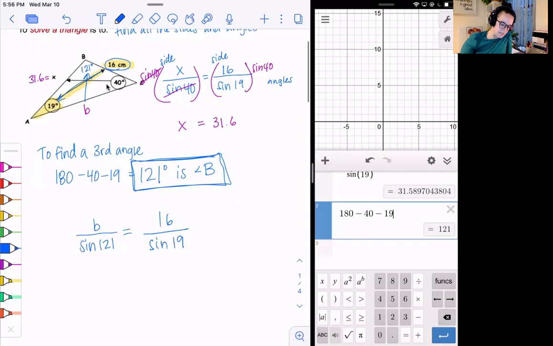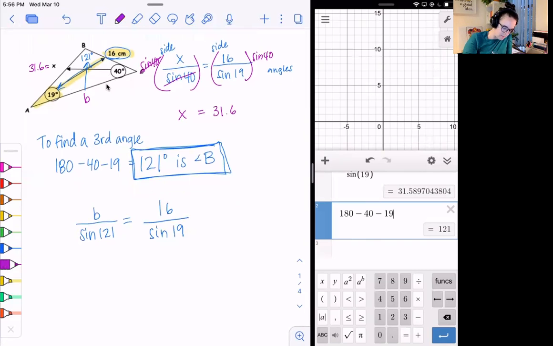Now I'm going to do law of sines one more time. Multiply times sine 121 to get rid of it. What I do on one side, I've got to do on the other. So I would have b equals.